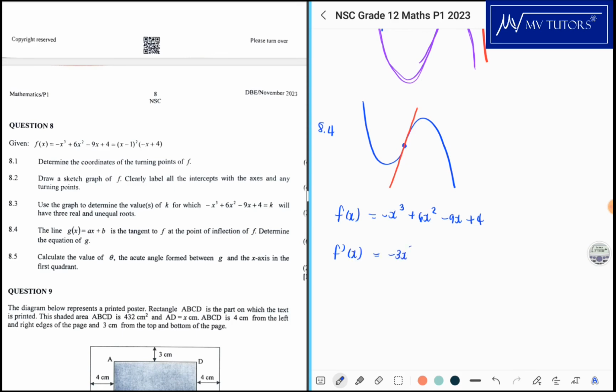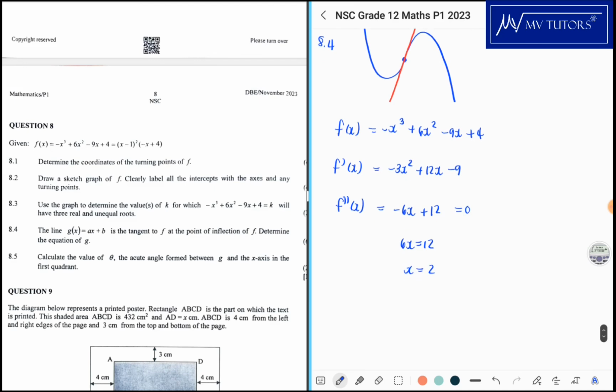We have negative 3x squared plus 12x minus 9. And now the second derivative, which we use to get the point of inflection, is 2 times negative 3, that's negative 6x plus 12, and we make that equal to 0. When we solve for x, we have 6x is equal to 12. So x is equal to 2.